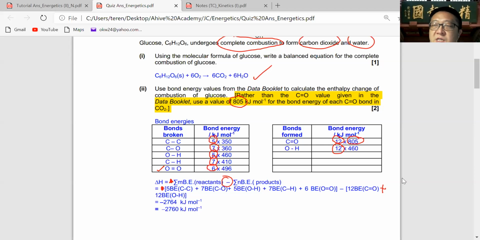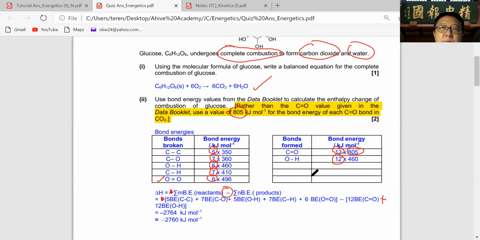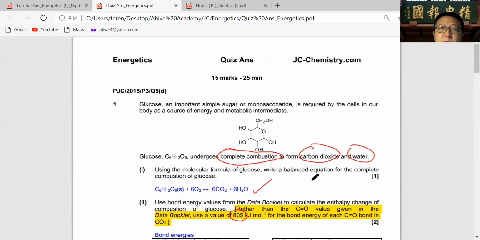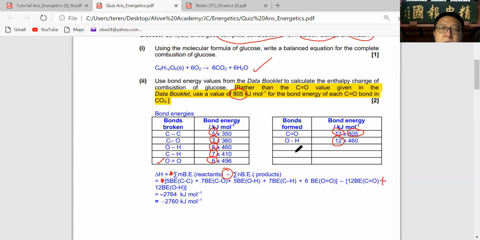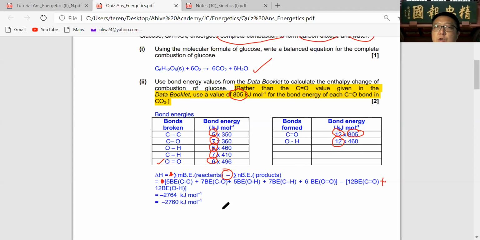If you round off to 3 significant figures, it is 2760 kilojoules per mole of glucose. 1 mole will give you 2760 kilojoules.